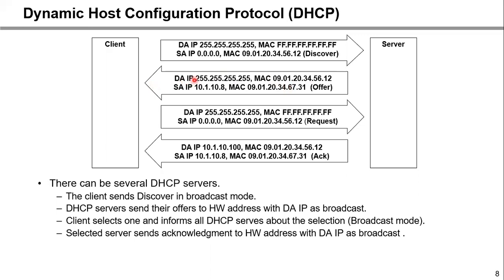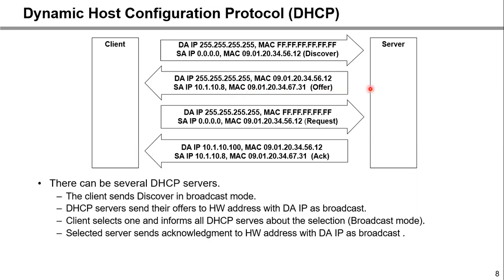Again, it will not provide any IP address here because the IP address assignment is not done yet. The source IP address, the server's IP address, is mentioned over here because the server knows its IP address. And this is the server's MAC address. It is an offer message, DHCP offer. This is a DHCP server, this is a DHCP offer.